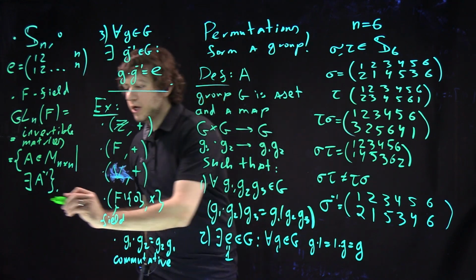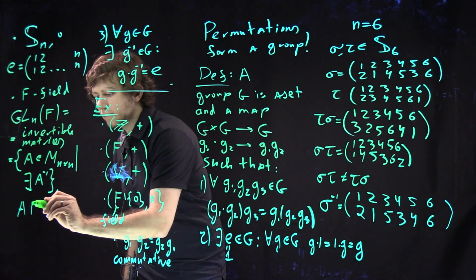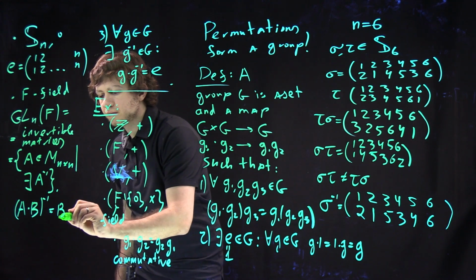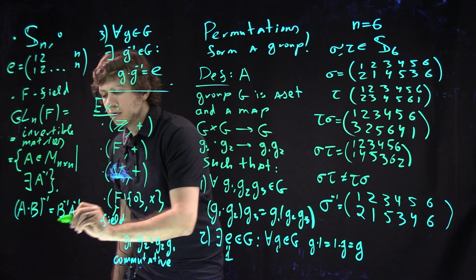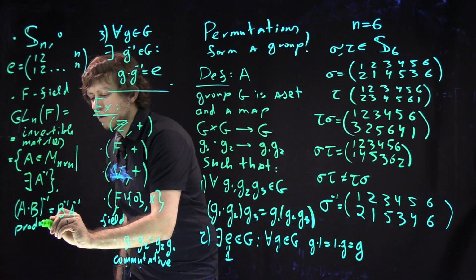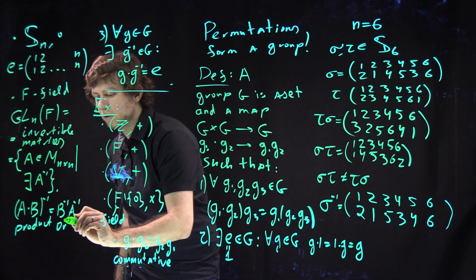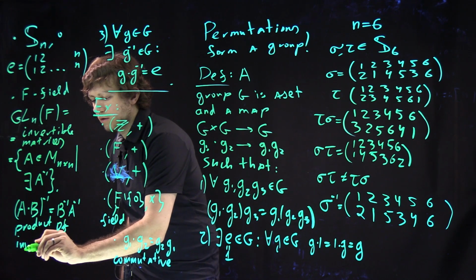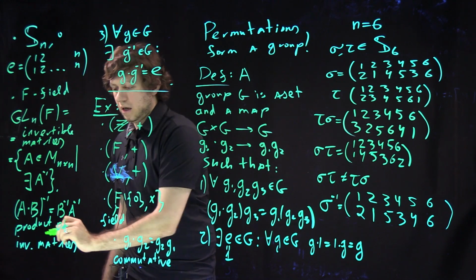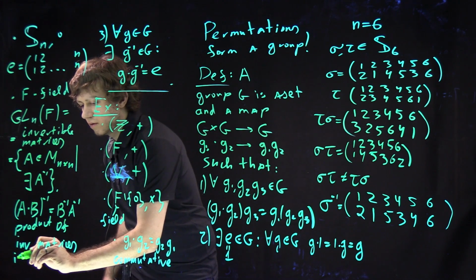And of course the operation is that if you have two matrices A, B, you can invert the product, and the inverse of the product is just B inverse A inverse. So the product of invertible matrices is invertible.